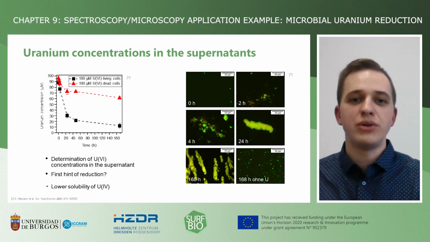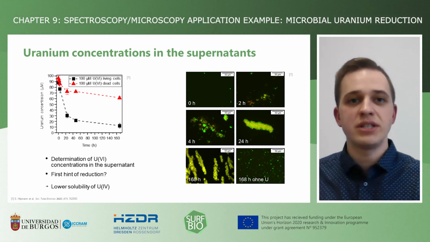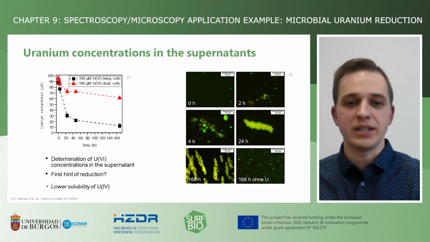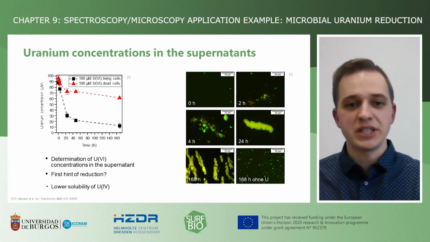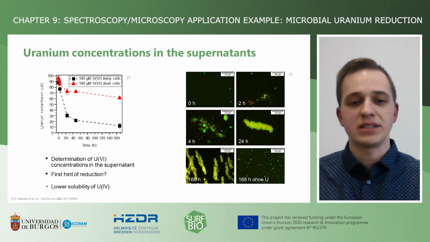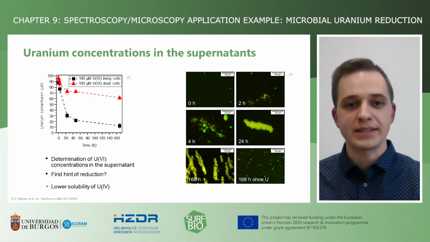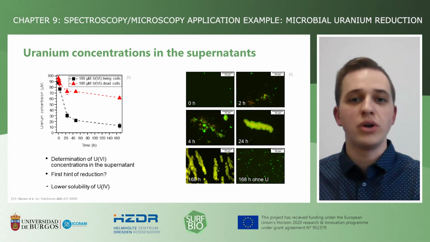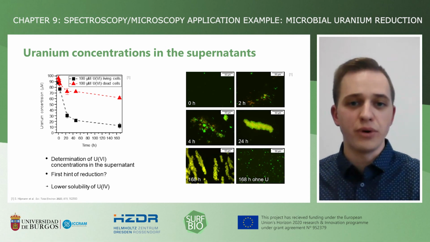The first step during uranium reduction investigations is the determination of the uranium concentrations in the supernatants, which can be done by different spectrometric techniques as well as colorimetric assays. Decreasing uranium concentrations provide a first hint for an ongoing uranium reduction due to the lower solubility of the formed uranium-4.